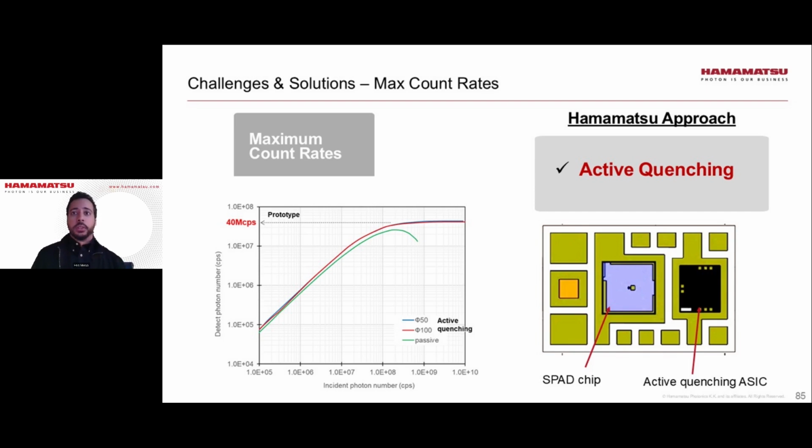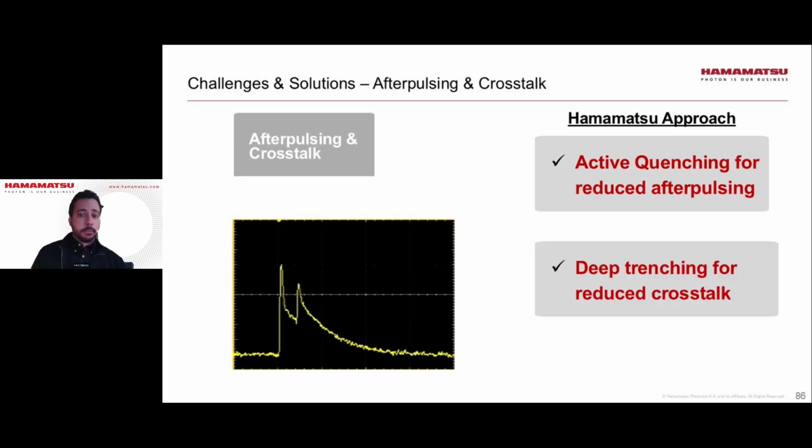So this reduces the dead time and increases the maximum count rate dynamic range for applications needing that higher dynamic range, like correlation spectroscopy measurements or particle counting or particle analysis.